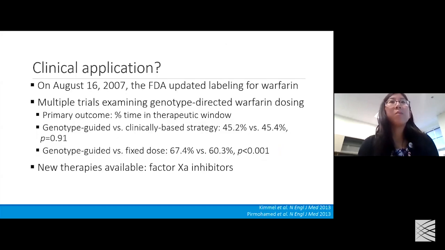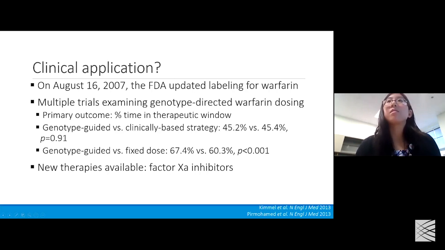And again, similar to the Clopidogrel story, you wonder about the application of this in the clinical setting. In 2007, the FDA updated labeling for warfarin, stating that lower initiation doses should be considered for those with certain genetic variants. Subsequent trials looking at genotype-guided warfarin dosing have been mixed.